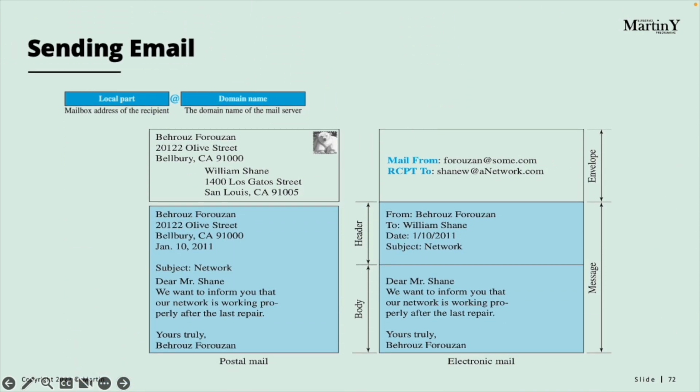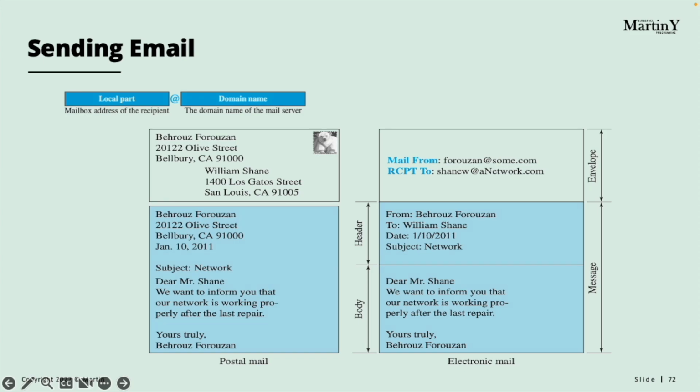So let's first talk about the user agent, or what's happening when we write emails. As I said, everybody has their own mailbox on the mail server, and you have the mailbox address, which is your unique name.